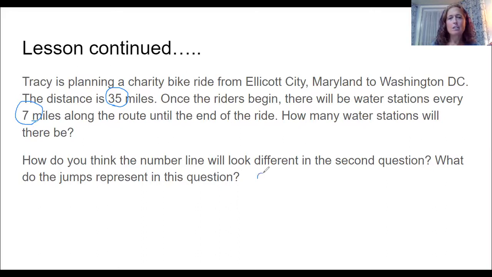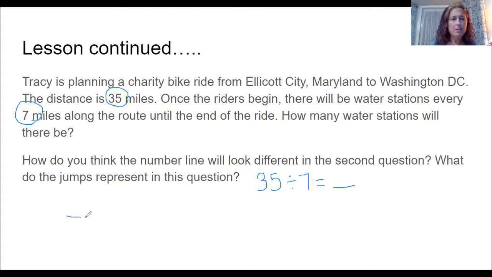Our equation is we have a total of 35 miles. We're going to divide that by 7 because we are given the number of miles they travel before the next water stop. So 35 divided by 7, and then the answer is going to be our number of times they stop.